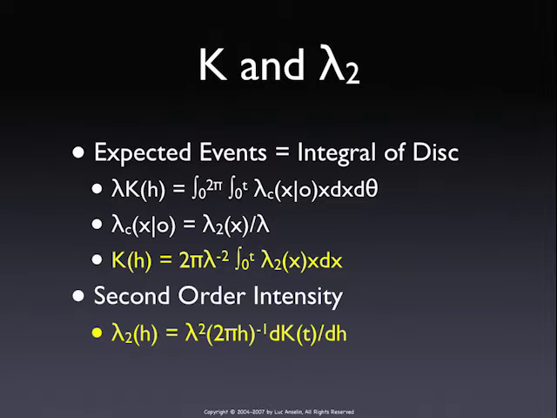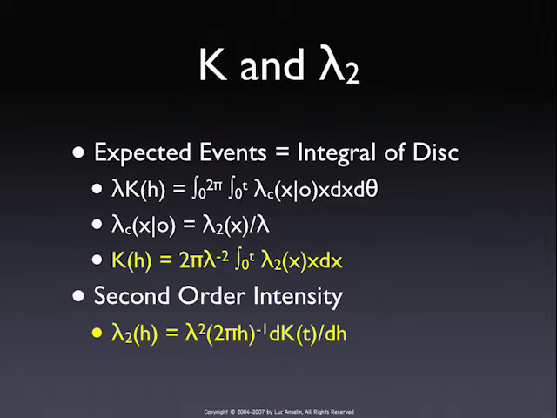So with a little bit of integral hocus pocus, you flip this around, and then you find that this second order moment is in fact related to the derivative of the K function. If you've never done this, it's crazy, but you see this.